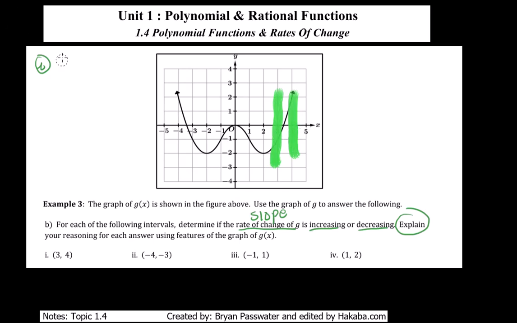We can see the slope is increasing. Why? Because it's concave up. Then I sub 2 is -4 to -3.